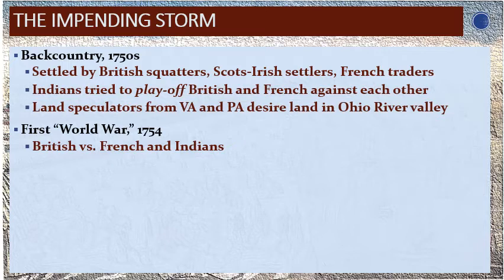In colonial America, it's the British versus the French who are allied with the Indians, because a good deal of the Indians, if not neutral, are going to pick the French side because the French usually treat them much more nicely.